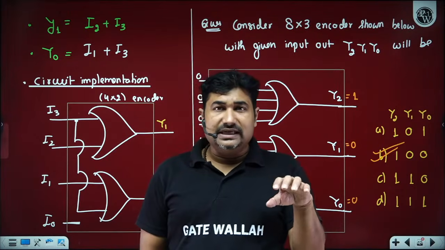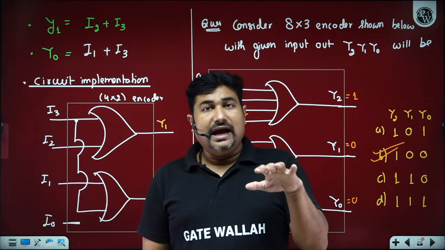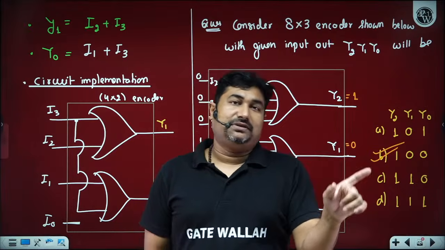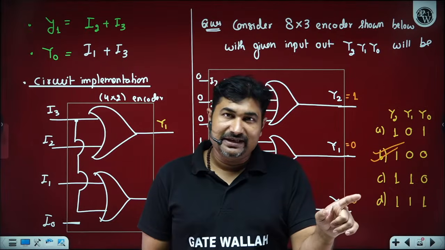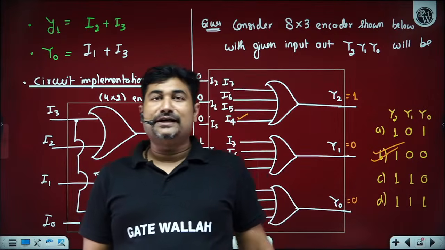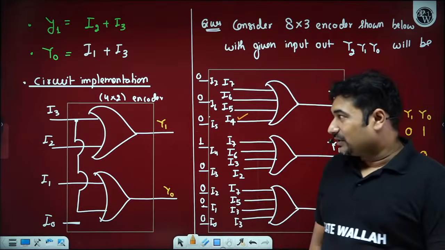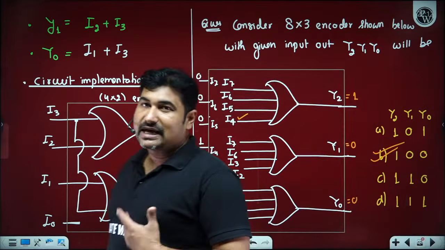If we are receiving multiple inputs and we want to prioritize the input, is it okay? I'm hoping now all of you are able to understand the meaning of priority encoder. In a normal encoder, only one input is high at a time.